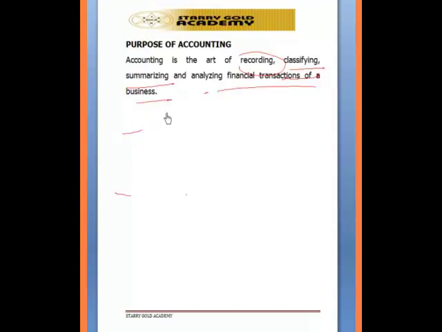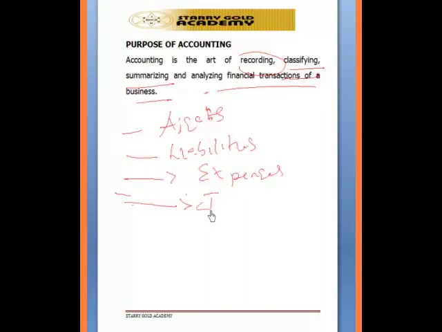Some may be classified as assets of the business, some liabilities, expenses, and some we classify to be income. So having classified these transactions, we move forward to summarize them: try to get the aggregate expenses, the aggregate income, the assets, and the liabilities, such that we can provide the financial statements to the end users.